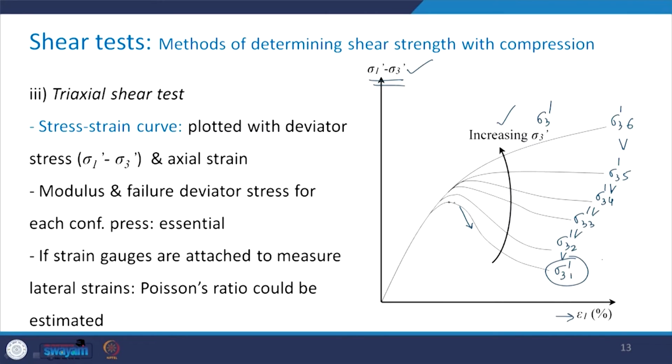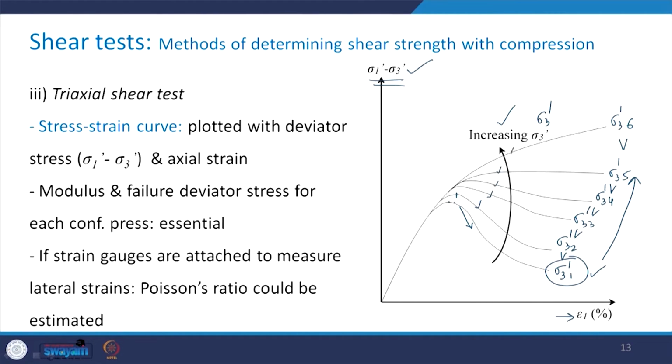Then as the value of this sigma 3 increases, what happens? You see that post peak, whatever is the drop, there is a reduction in the slope of this drop. When the sigma 3 is smaller, that drop was sharper as compared to this, and so on.